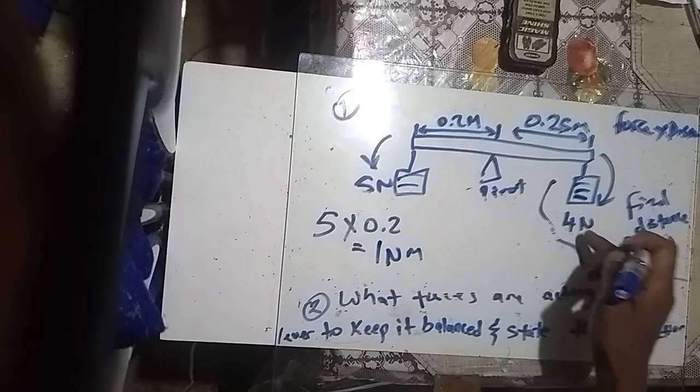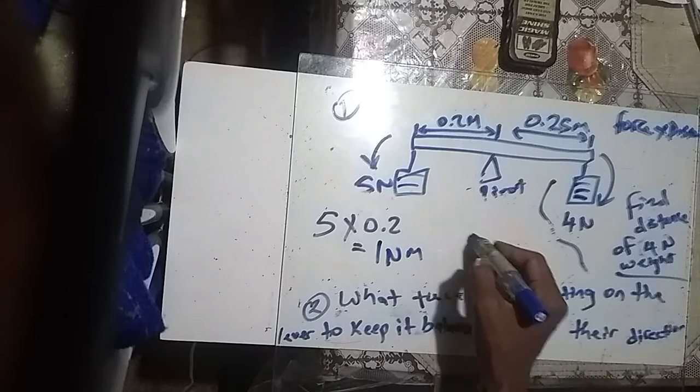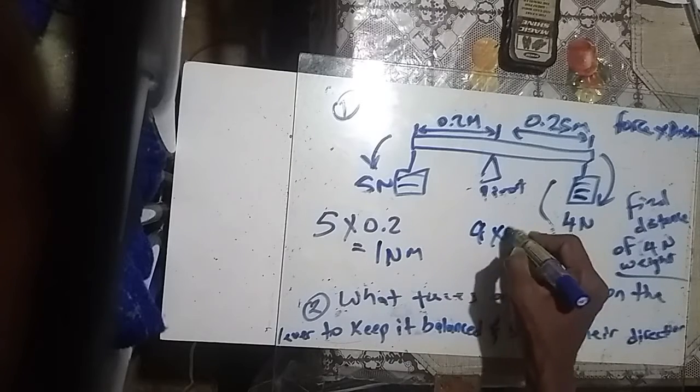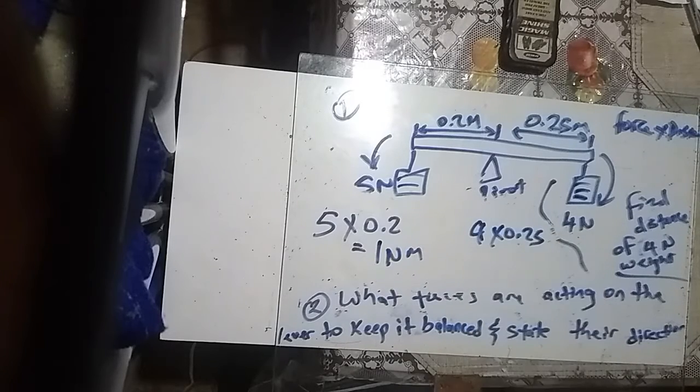That's all. Now 4 times 0.25. What is 4 times 0.25 equal to? Also equal to 1.